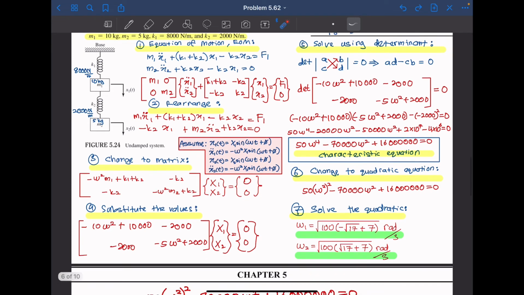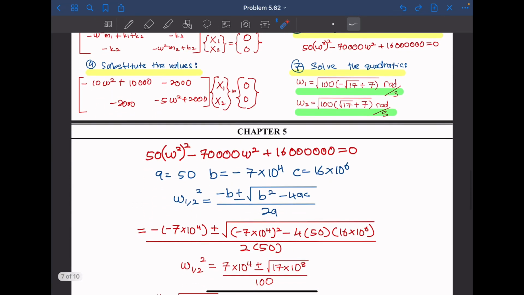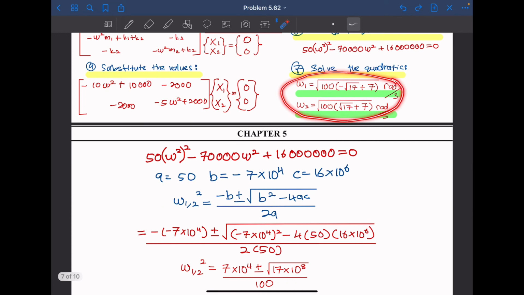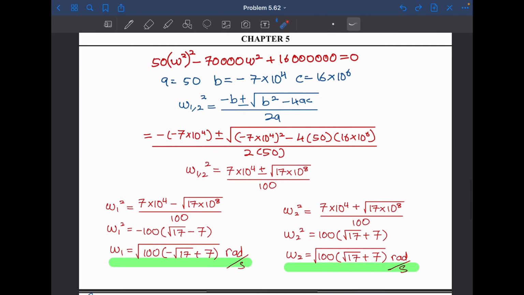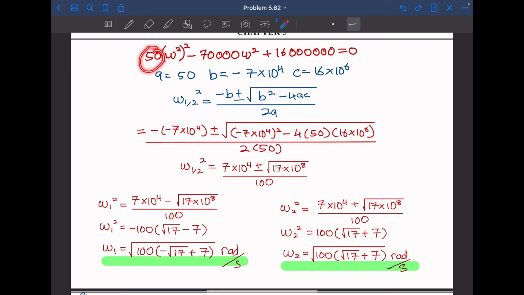So you have to use the quadratic equation formula to get it in exact terms. You know that your A is 50, your B is negative 70,000, and your C is 16 million. So substitute everything into the quadratic formula.